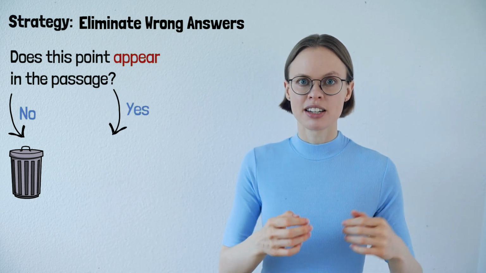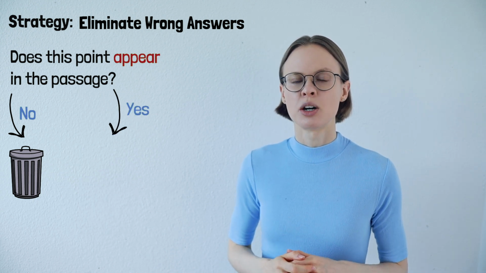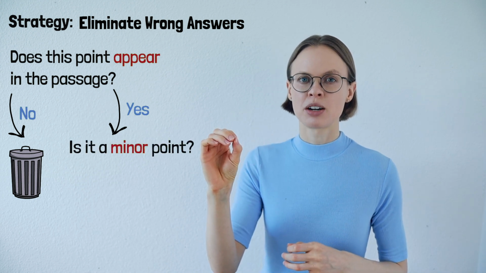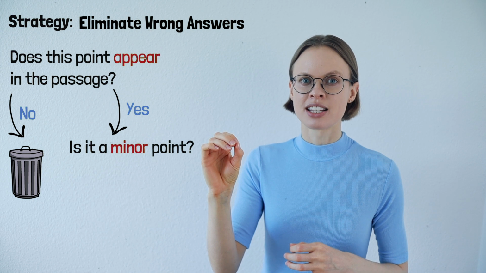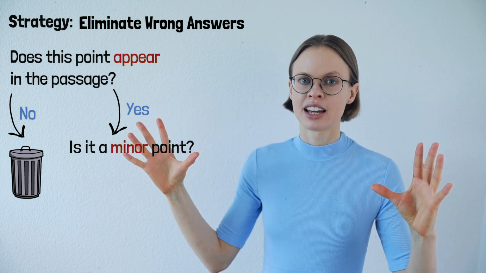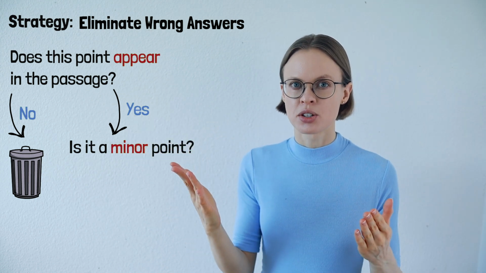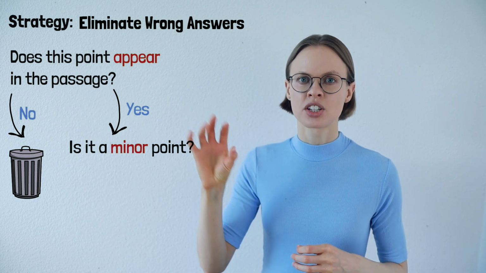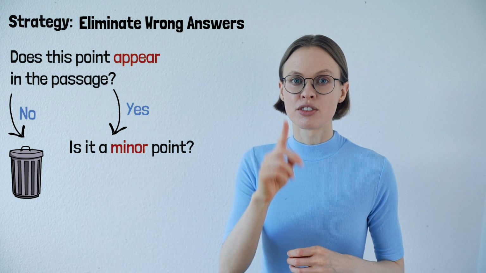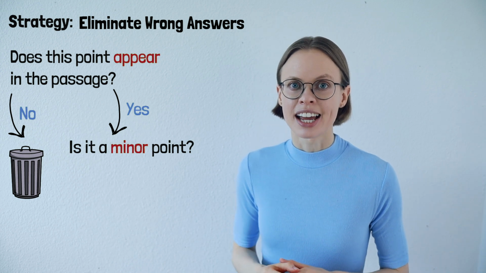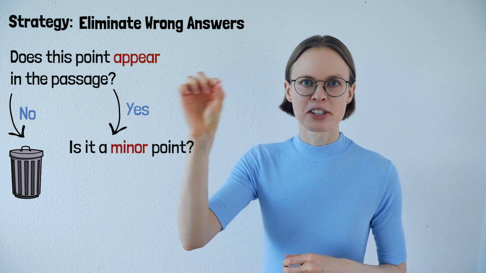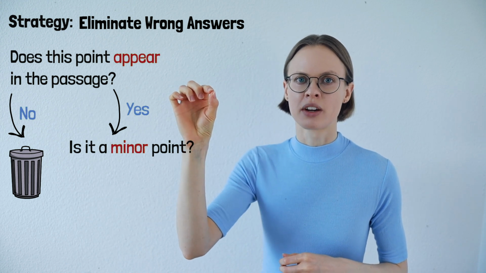If it does appear in the passage, think about whether this is only a minor point the author talks about or whether this is a major point. It may be that the answer is only a minor point. The examiner uses such answer choices to confuse you. They want to check whether you understand, okay, this is only a small point the author is talking about.